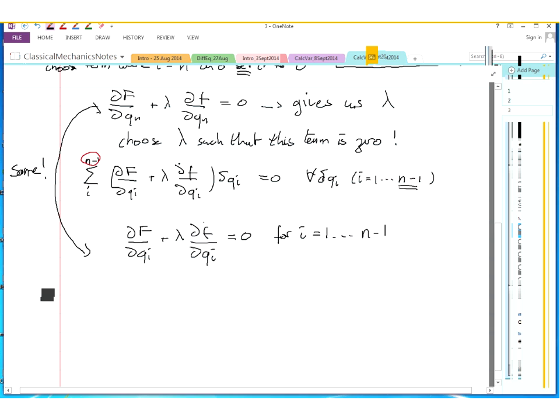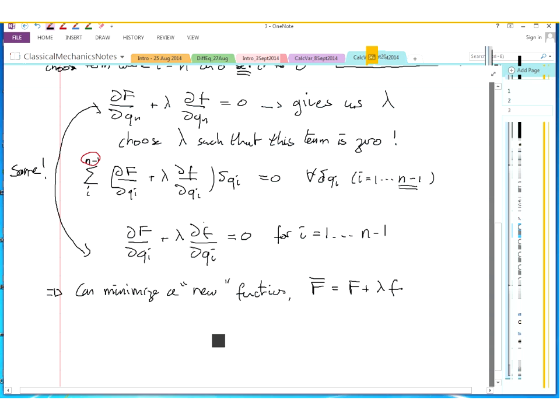Okay, so what this means is we can minimize a new function, let's call it F bar, that's F plus lambda, the constraint. Okay?